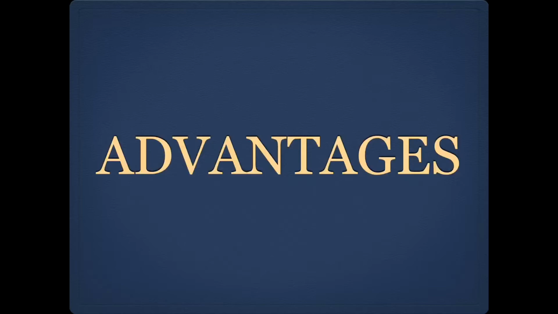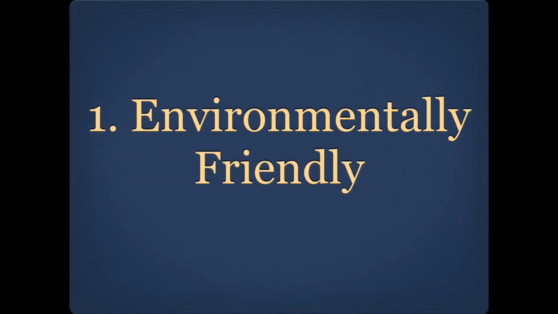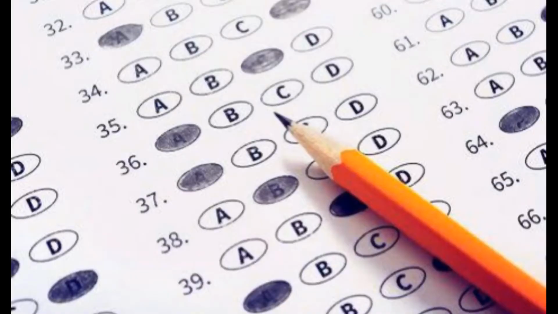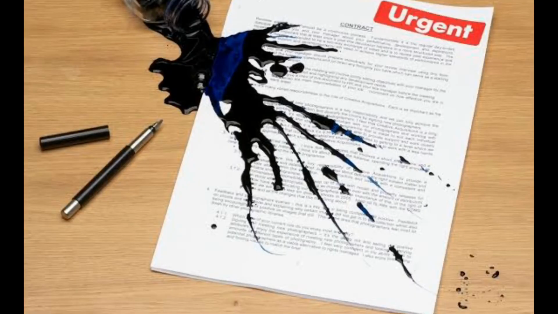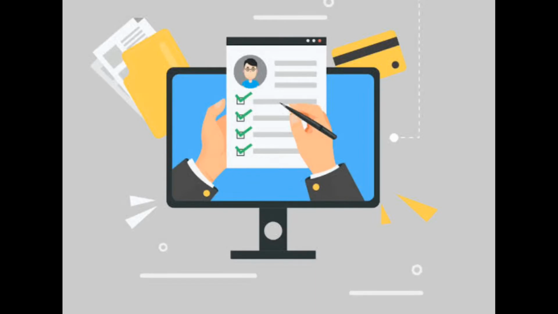Okay, number one, it is environmentally friendly. What do we mean by this? Well, traditional paper and pencil assessment makes a lot of use of paper, ink, and a lot of other inputs. And that is going to put a strain on the environment. Well, with online assessment, you don't have to use as much.